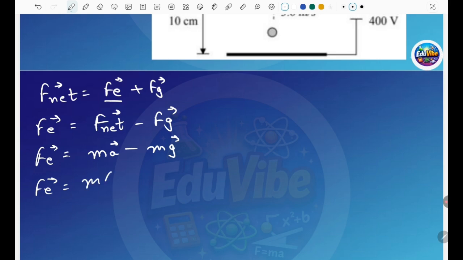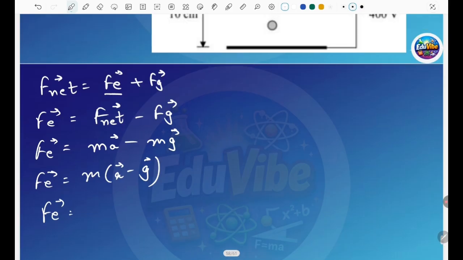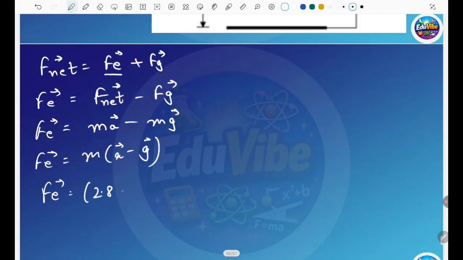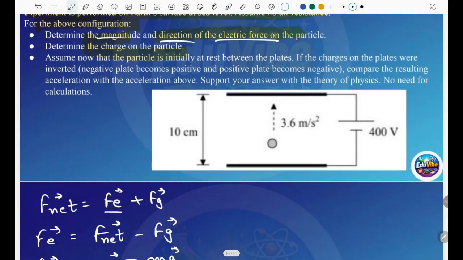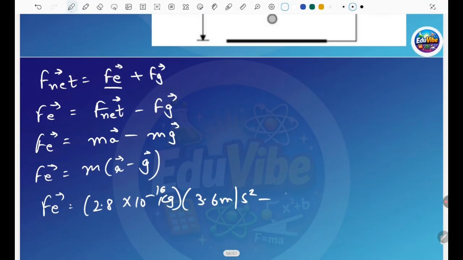So this is where I make a common acceleration minus gravitation. So what is mass? Mass is given to us, which is 2.8 × 10^-16 kg. What is acceleration? Acceleration is also given to us, which is 3.6 meter per second square minus. So gravitation force in that case also takes it in negative.